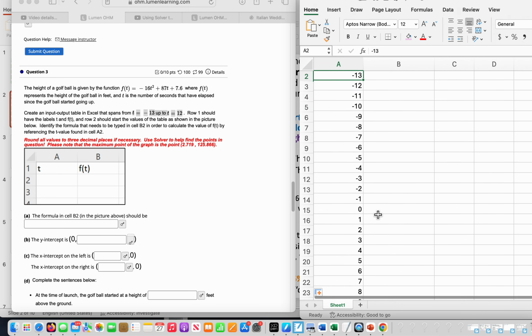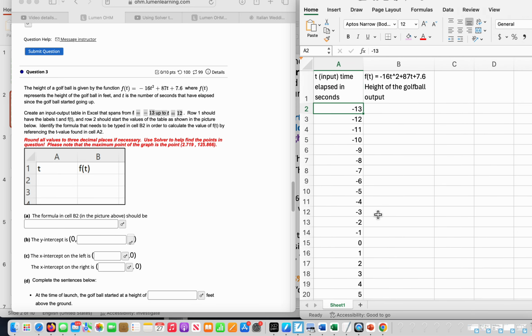Let's enter our formula here for our function that's going to give us the height of the golf ball. We always write in Excel when we enter a function, we say that the cell is equal to, in this case, -16 times, and we're going to reference time. Time is in column A, A2, and we want that squared, raised to the second power.